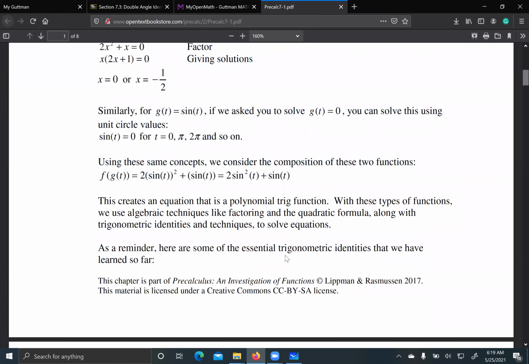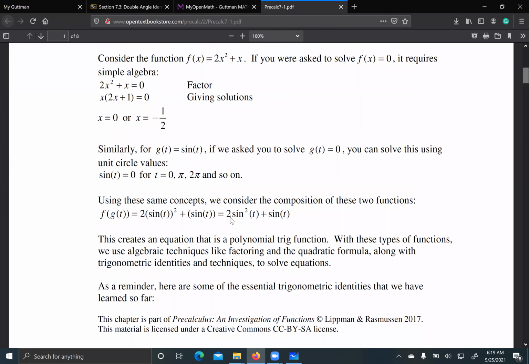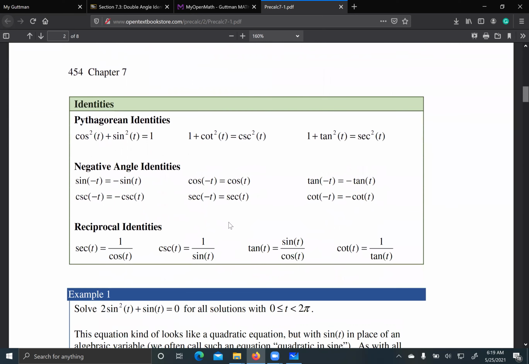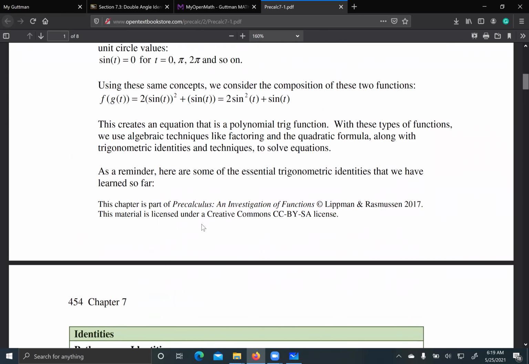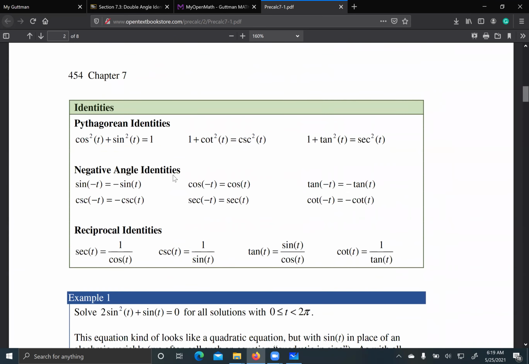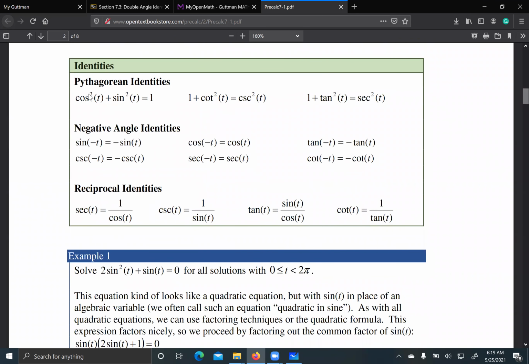When you set that equal to 0, you just need to do the same thing. Imagine that the sine is your variable, factor it, and then solve for sine. The technique is that we use what we learned in algebra to solve equations, plus we may need to use trig identities.